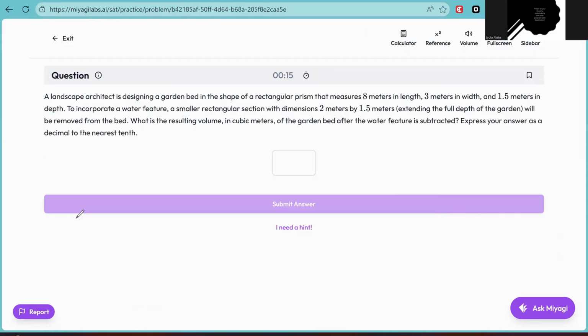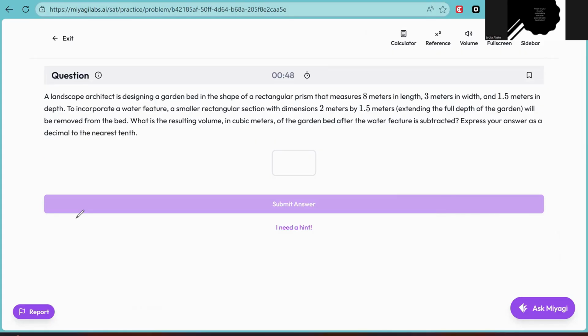But this is the next equation. Take your time, look at this, and we're gonna start solving this one as well. Okay. A landscape architect is designing a garden bed in the shape of a rectangular prism that measures 8 meters in length, 3 meters in width, and 1.5 meters in depth.